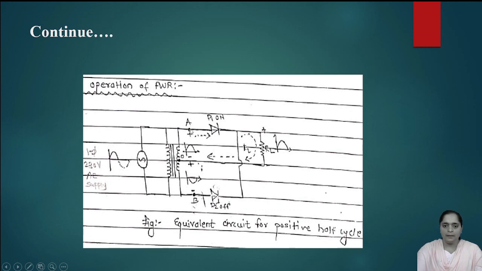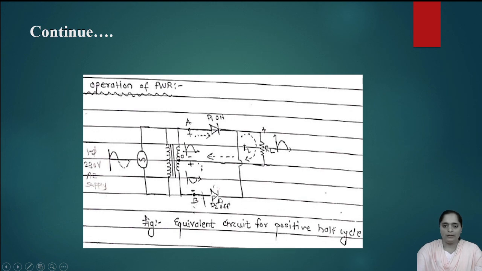Means here upper point is A, middle center point is O and lower point is B. So A is positive and B is negative as we considered. When A is positive, this positive supply is connected to anode and lower negative supply is connected to the cathode. In same way, we have already given the polarity for the B also. B is negative, means negative is connected to the anode and positive is connected to the cathode.